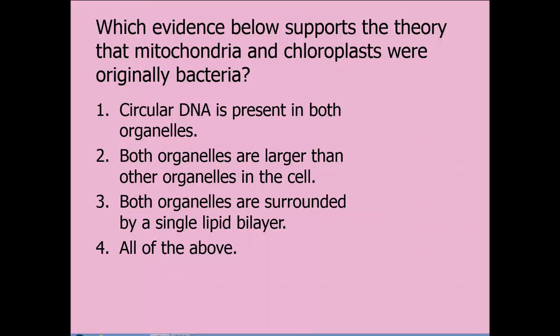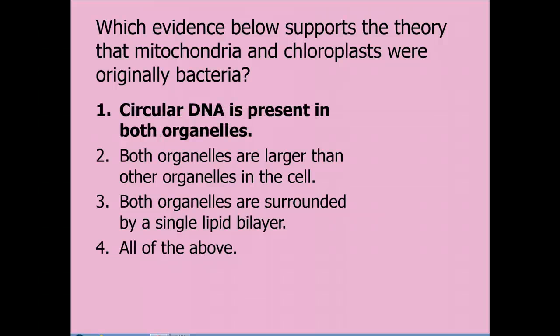Both organelles are surrounded by a single lipid bilayer. Well, that's not true either. So I hope, anyhow, that you came to the conclusion that circular DNA is present in both organelles, which is more consistent with prokaryotes, and I think that is a good answer there.